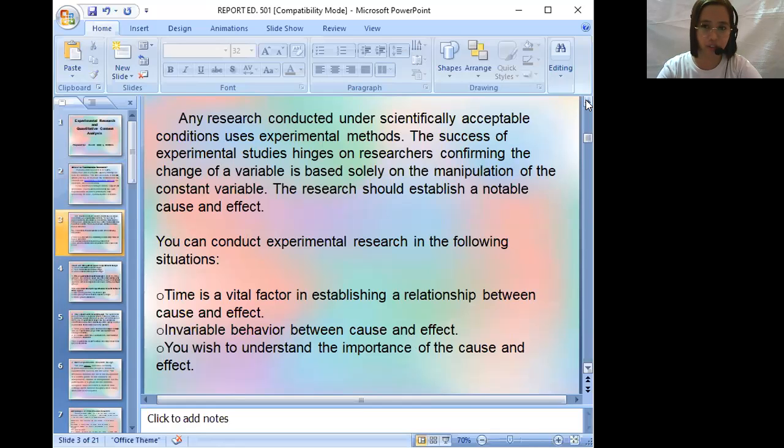You can conduct experimental research in the following situations. For example, time is a vital factor in establishing a relationship between cause and effect. Then, invariable behavior between cause and effect. And next, if you wish to understand the importance of the cause and effect.